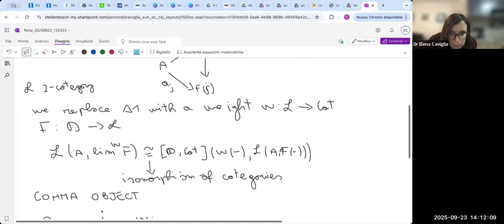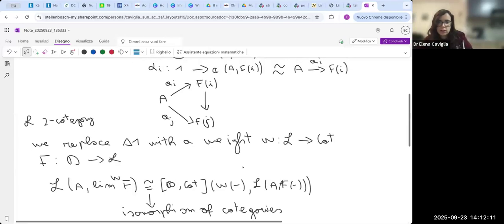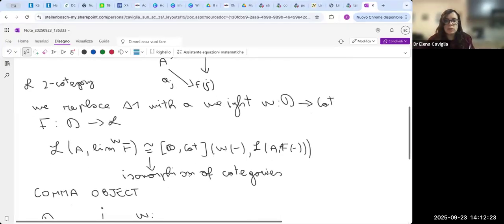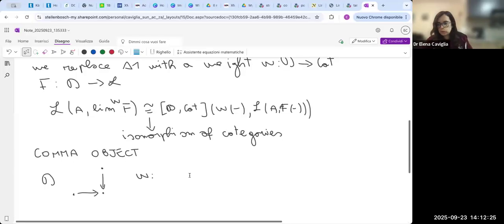Oh, sorry, I made a mistake here earlier. So W doesn't go from L here. It goes from D, the diagram, of course. Right. So now our weight W, we'll have to assign a weight to every object in the diagram, in the category diagram D, and then an arrow to every arrow.